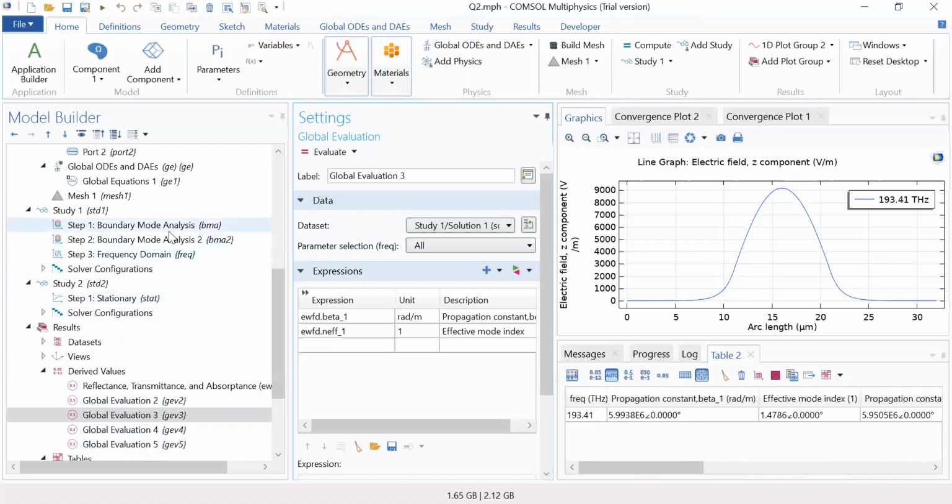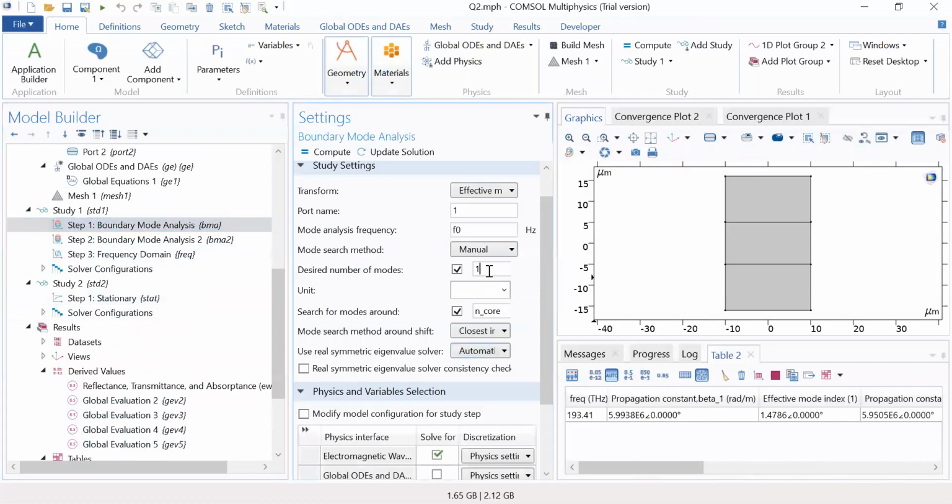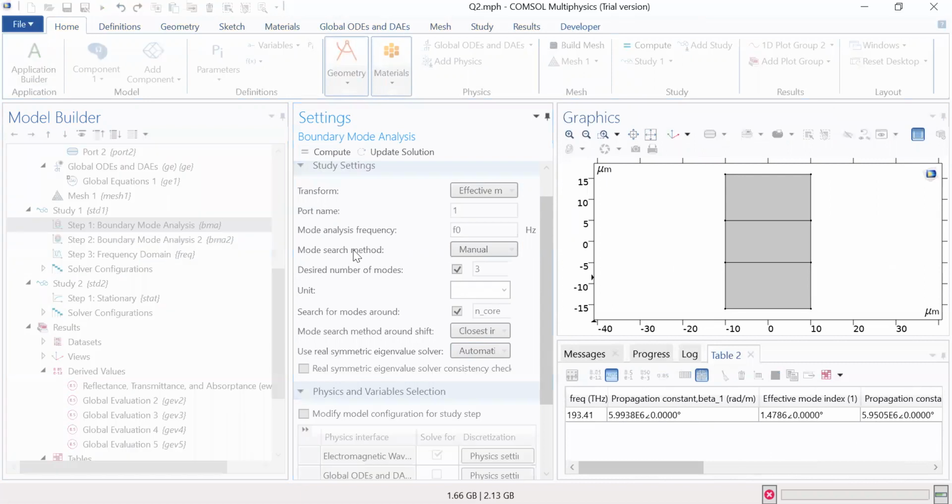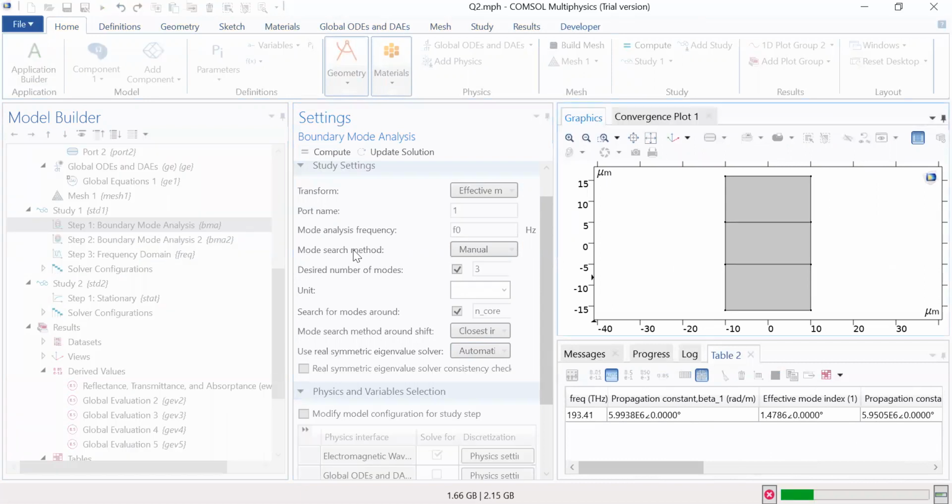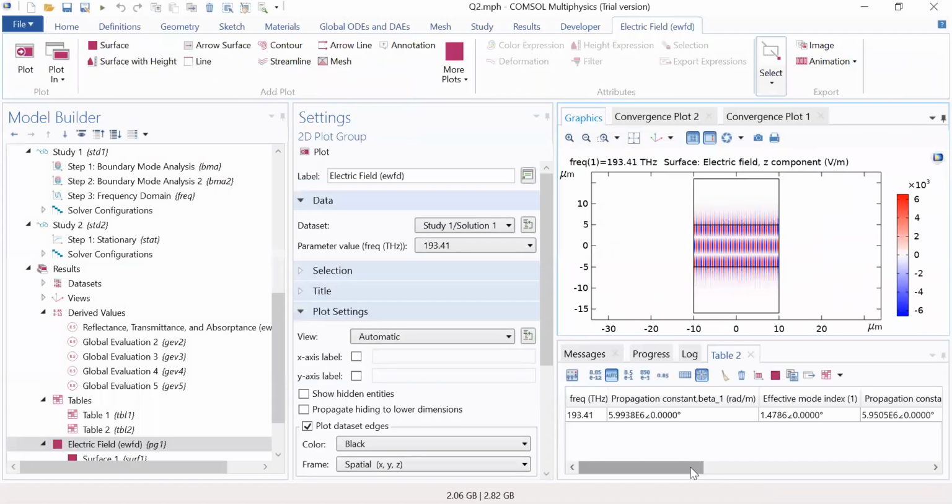Let's see. I am slightly increasing the number of modes, the desired number of modes. Most of the energy will leak out as we increase the number, which is also expected. Let's see. The beta value also decreases as we slightly increase it.